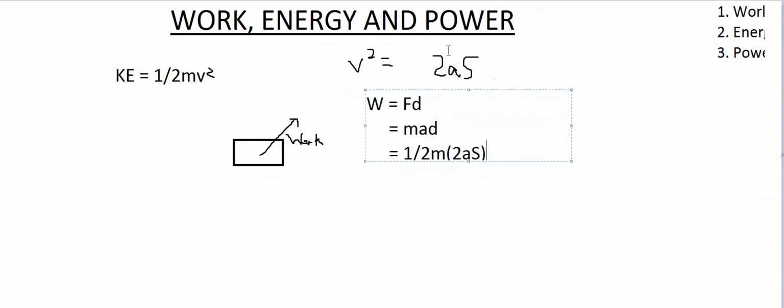Note here that we are assuming it's one direction, so the displacement and distance are the same. So v squared is 2as, and the work done is half mv squared.